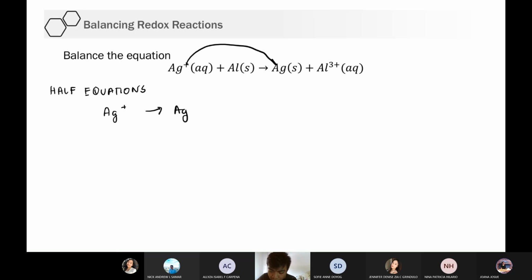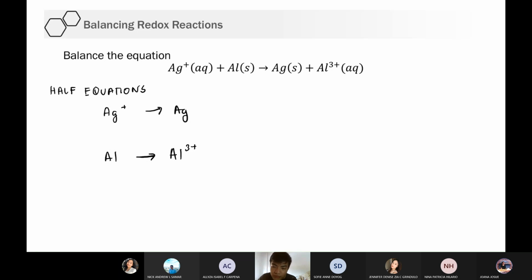Ag+ to Ag. And the other is Al to Al3+. Yan. You split them into half equations. No? Pagsamahin mo lang yung similar atoms. Ganun lang. Easy lang, no? First step.